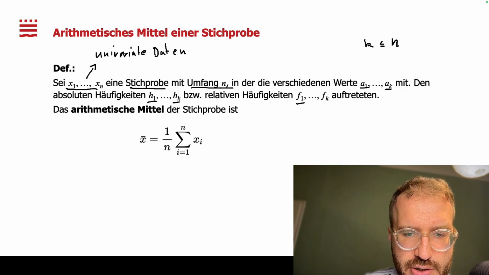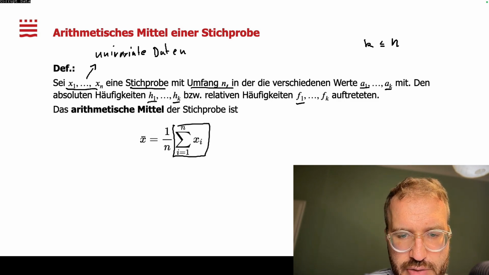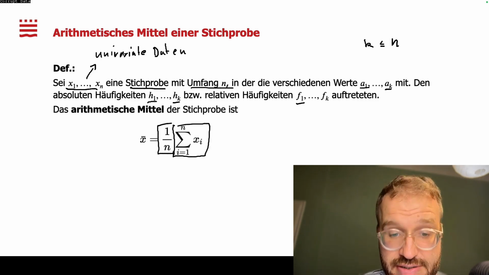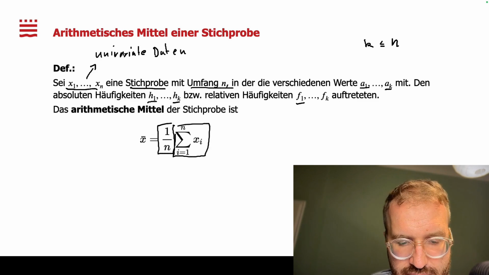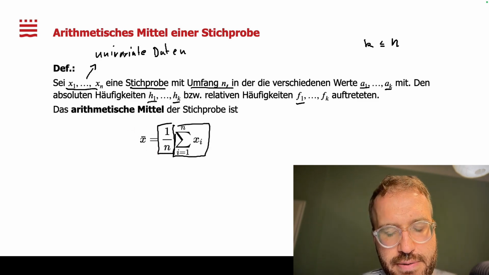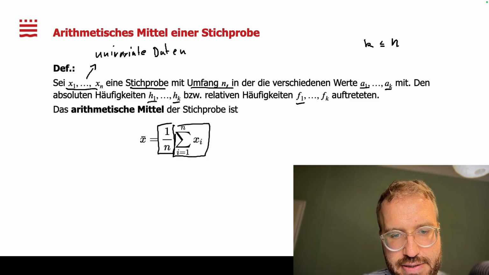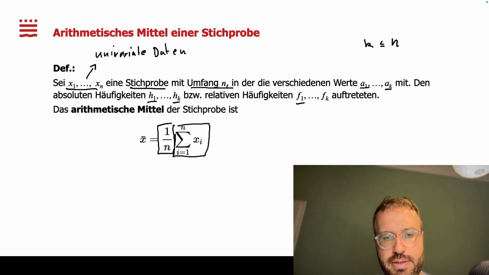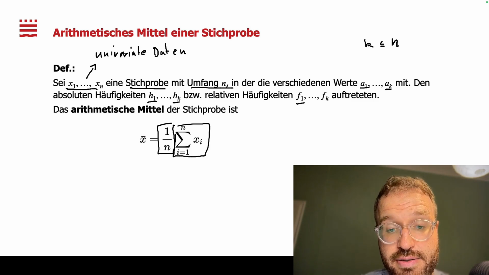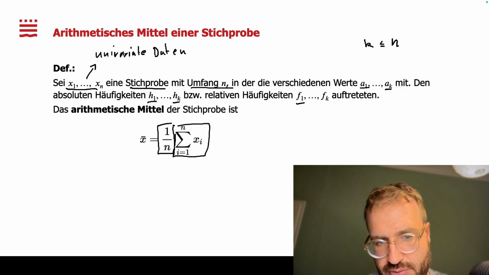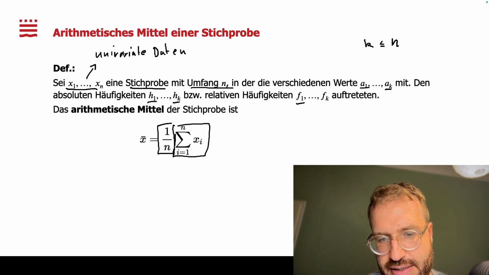And you can see it here. You have the sum of all your grades, and you divide that by the number of grades that have been given. And we often refer to the arithmetic mean as x bar. This means that you simply write an x and then a line over it, and it is pronounced x bar. And the x refers, of course, to the data x1 to xn.